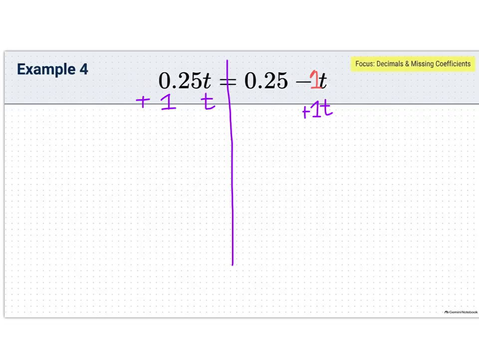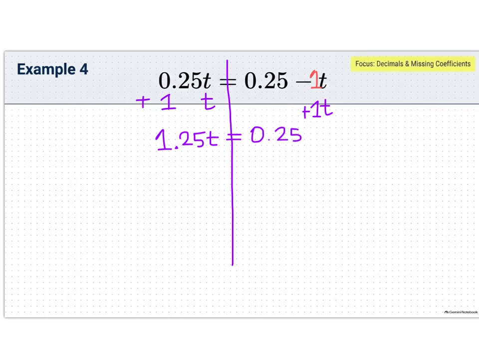But if you're not quite sure, then you can always just make sure that you put it into the calculator correctly. So on the left side, I'm going to have 1.25t. And on the right, I'm just going to have 0.25.